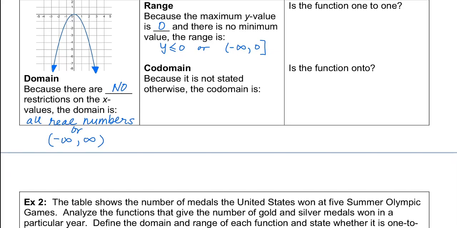So we know that it's going to just be the set of real numbers, because it's not stated in the problem, or we would say from negative infinity to positive infinity.